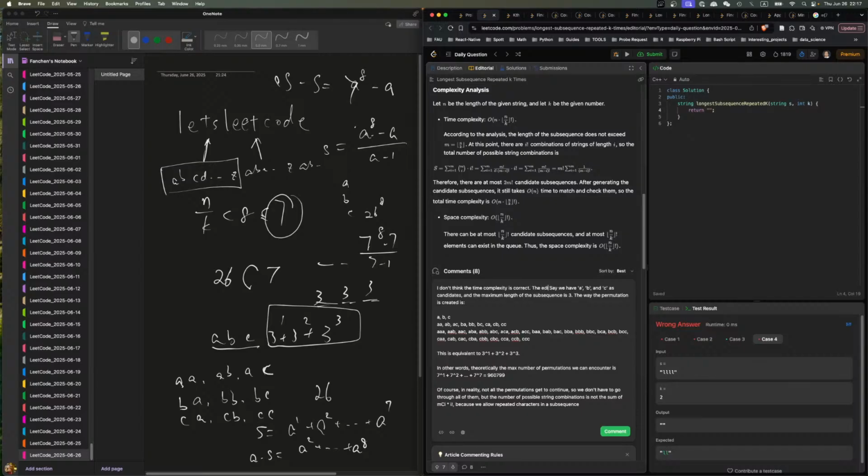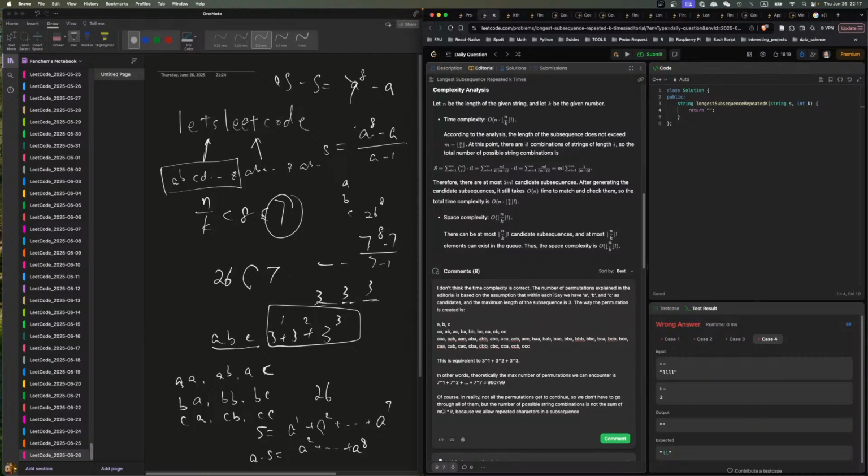The number of permutations explained in the editorial is based on the assumption that within each subsequence, each character can only be used once.